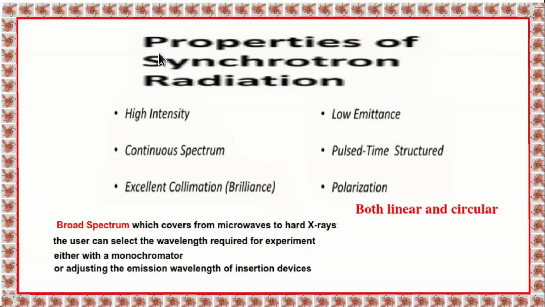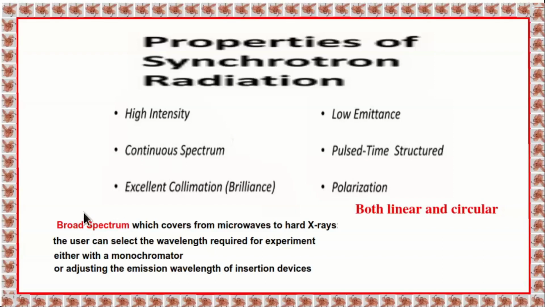These are some of the relevant properties of synchrotron radiation, which are useful for many practical applications. The intensity is quite high. At the same time, the emittance is low. The spectrum of the radiation emitted will be continuous, and there is a pulsed time structure. The collimation can be excellent, and at the same time, both linear and circularly polarized light can be obtained.